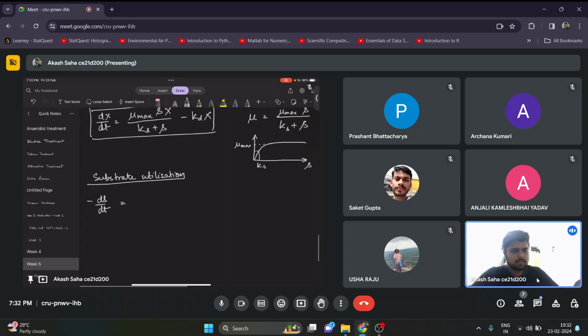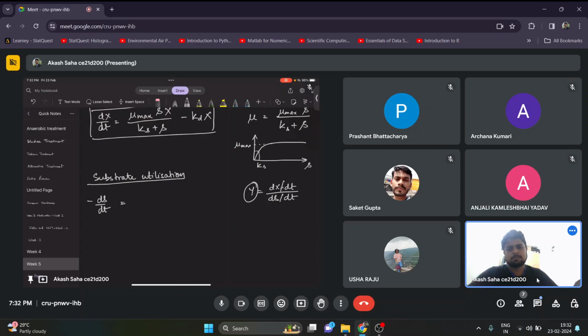Now we know that I can write Y as dx by dt divided by ds by dt. So what does this mean? This is the yield coefficient. Y is my yield coefficient. So how much microorganisms is produced per time per unit of my substrate used per time.